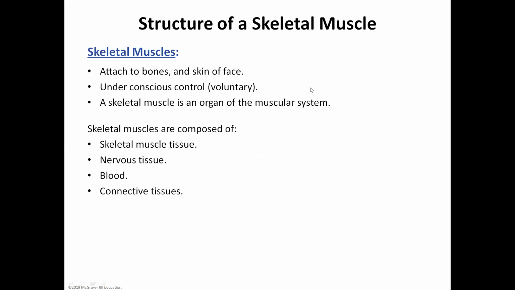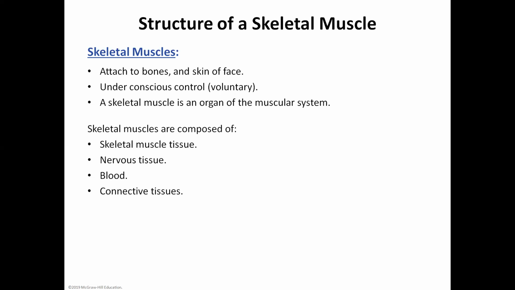Now, skeletal muscle, again, is usually attached to bones, and we also have it attached to the skin of the face. When we think about the muscular system, skeletal muscle is the organ. Again, this organ is made up of several different types of tissues. Skeletal muscle is the main organ of the muscular system.